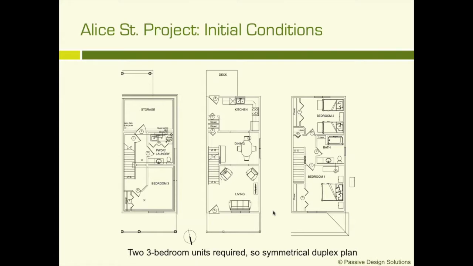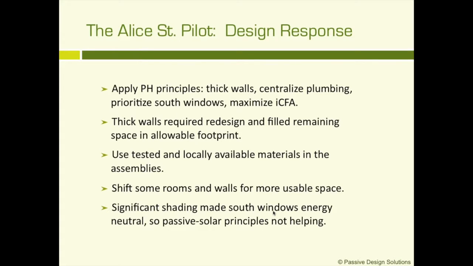There was a symmetrical plan on the duplex, fairly centralized plumbing, and a 3-bedroom unit on each side of the duplex. So we applied the passive house principles of thickening the walls, centralizing the plumbing, prioritizing the south windows, and maximizing the ICFA. The thick walls required a redesign, and we filled the remaining space on the allowable footprint of the lot based on the setbacks.